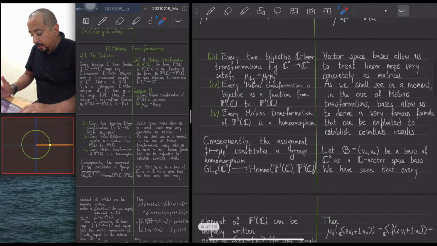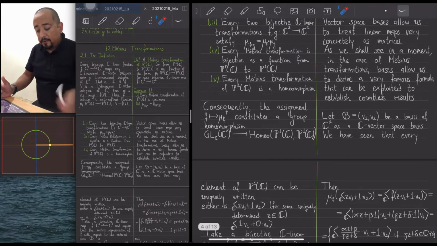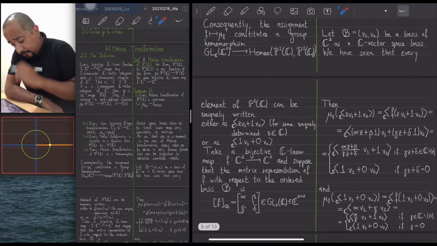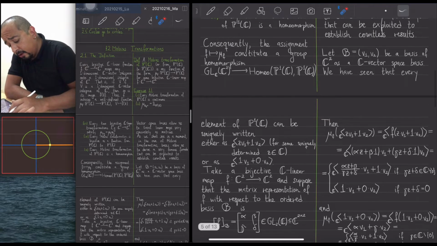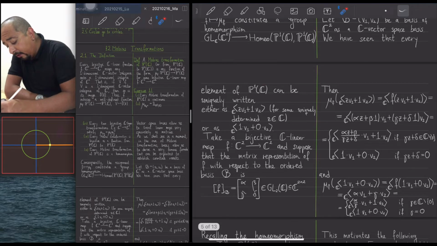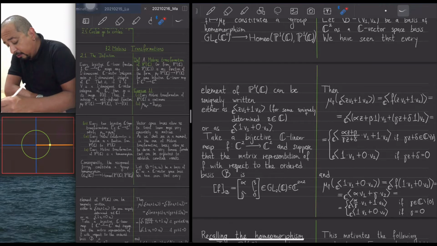So let's take an ordered basis of C squared. We have seen already that once we pick the basis B, we can parameterize P1C with C bar in this way.